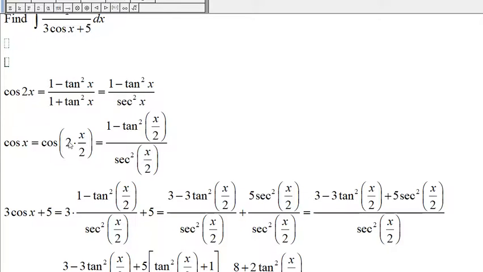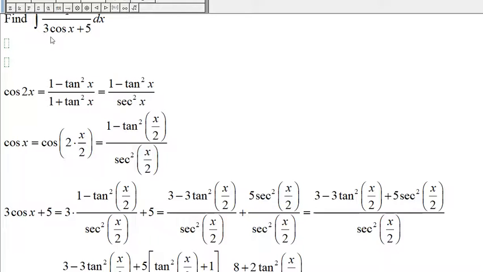But when there's 2 and then x over 2, we will get x over 2 here and x over 2 here. So instead of x, we have x over 2. And so cosine of x is 1 minus tangent squared of x over 2, divided by secant squared of x over 2.